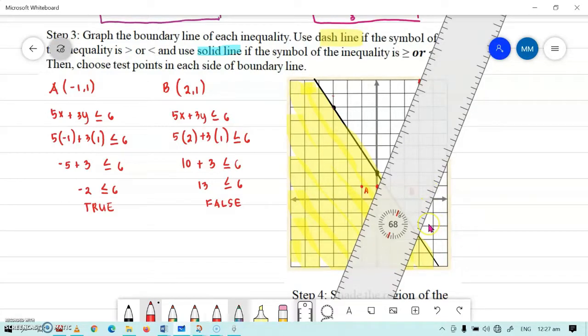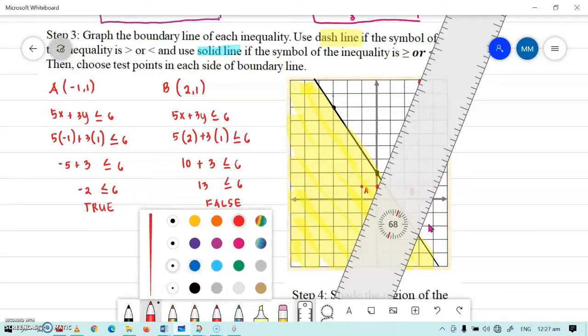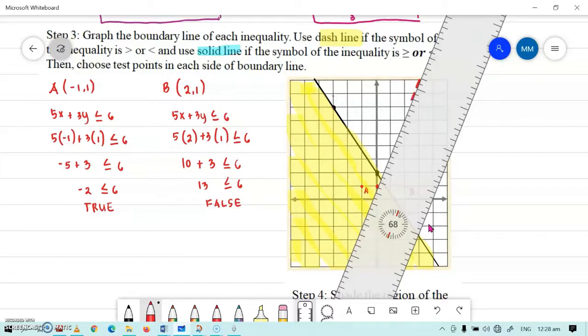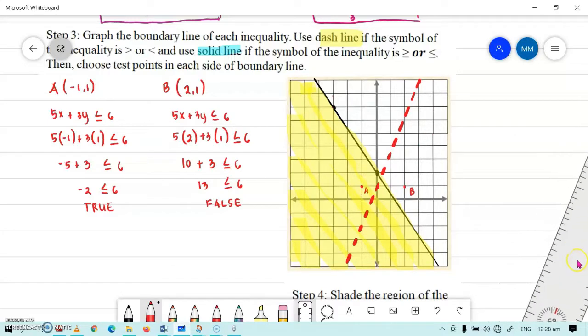And since it's a dashed line, make sure to really draw dashed lines. So now we have already identified the boundary line for the second inequality.